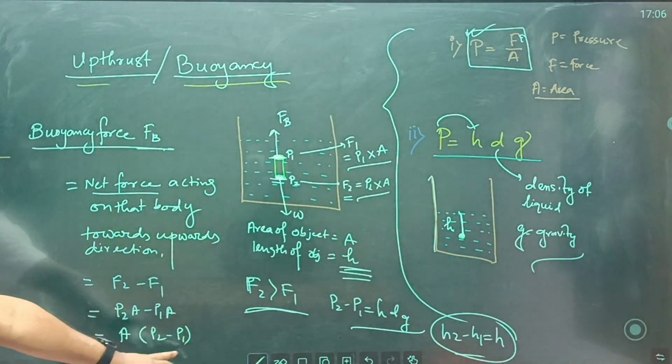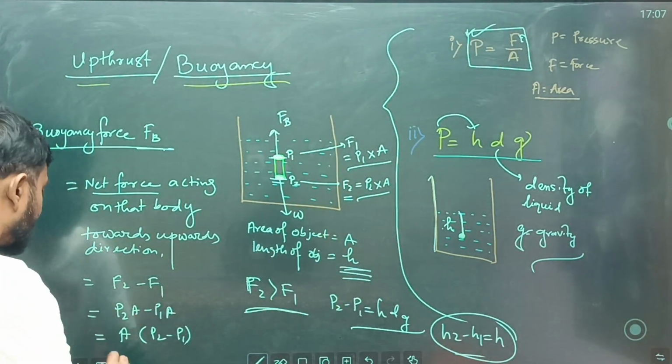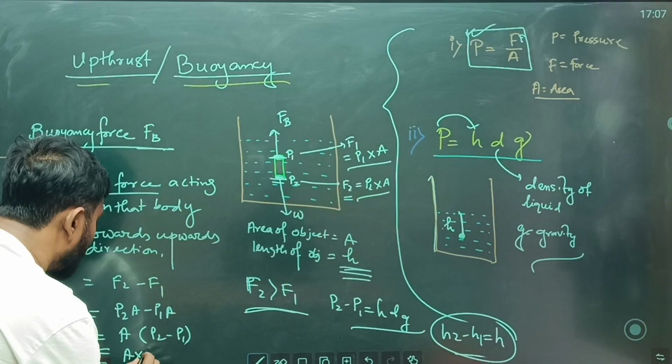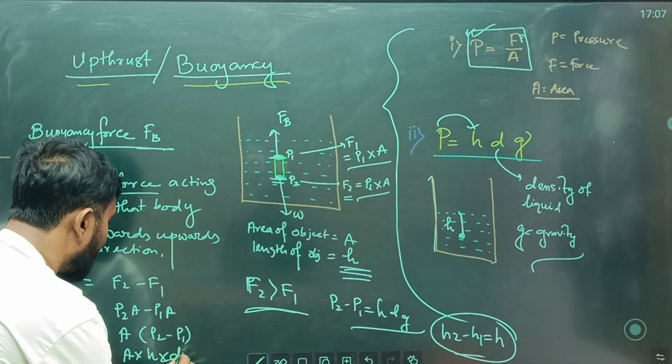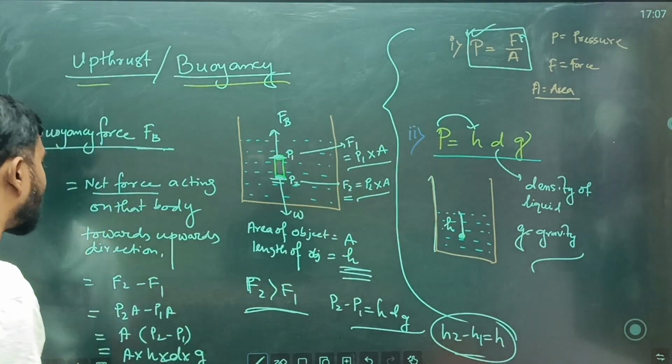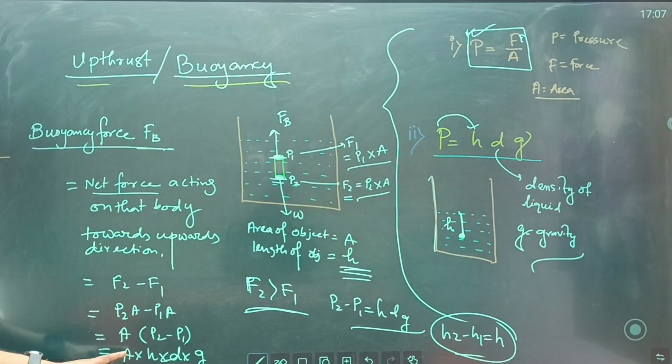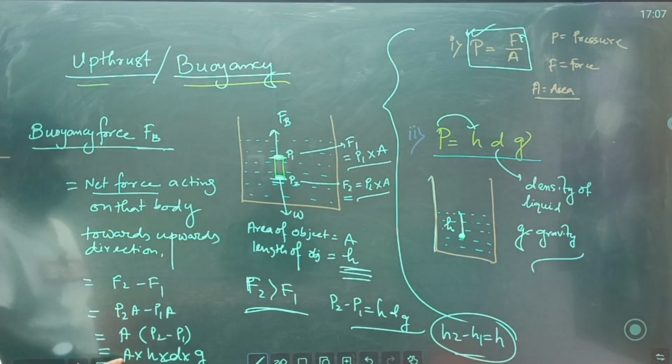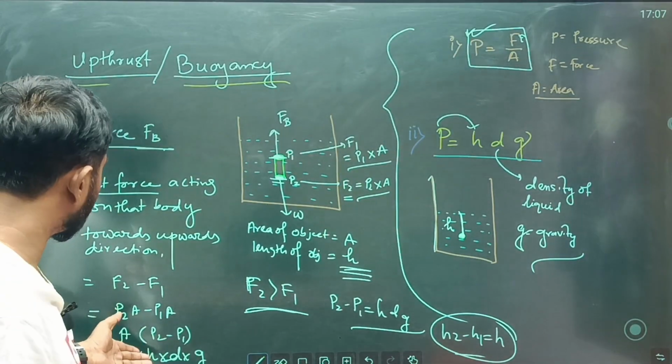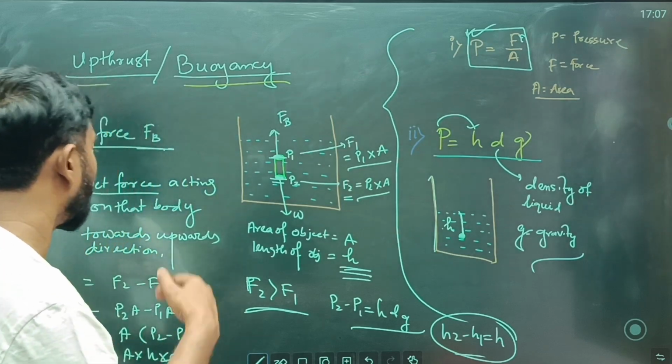Okay, now p2 minus p1 is equal to h into a into d into g. Here, a very important thing: h into a, that means height into area, is volume.